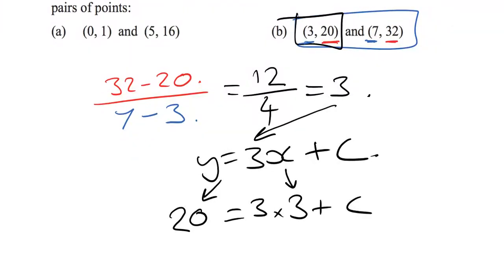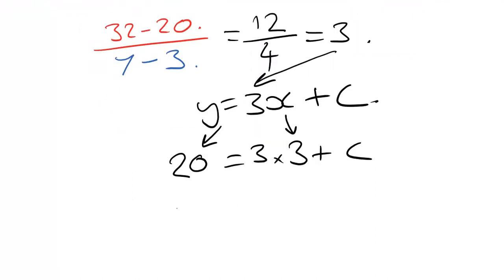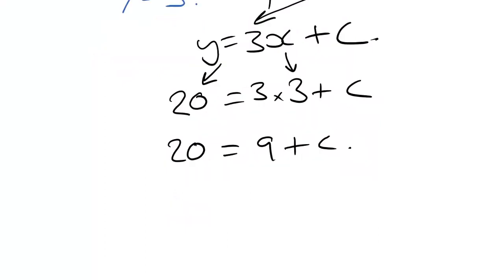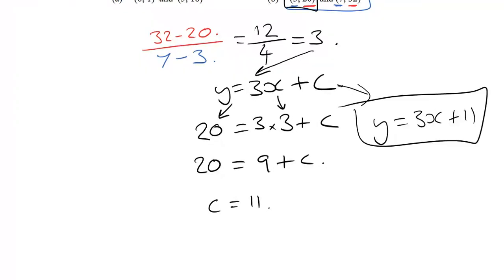That's the coordinate point 3, 20. So following through on this, 20 is going to be 9 plus c. If we take 9 from both sides, we're left with c equal to 11. Going back to the original, we can pop that in here: y is equal to 3x plus 11.